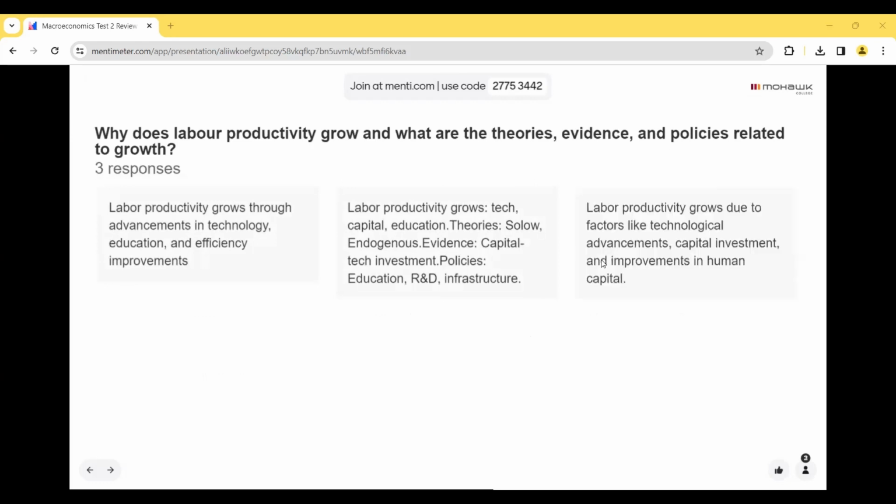Labor productivity grows: tech, capital, education. Theories: Solow, endogenous. Evidence: capital, tech investment. Policies: education, R&D, infrastructure.